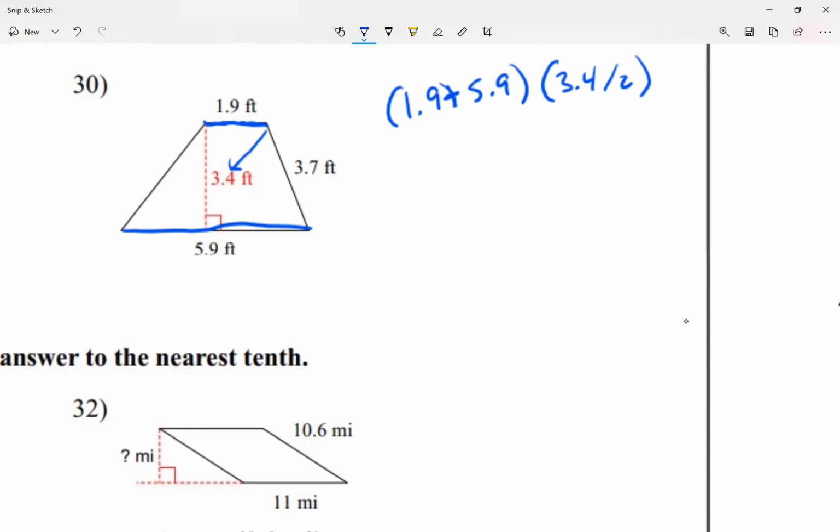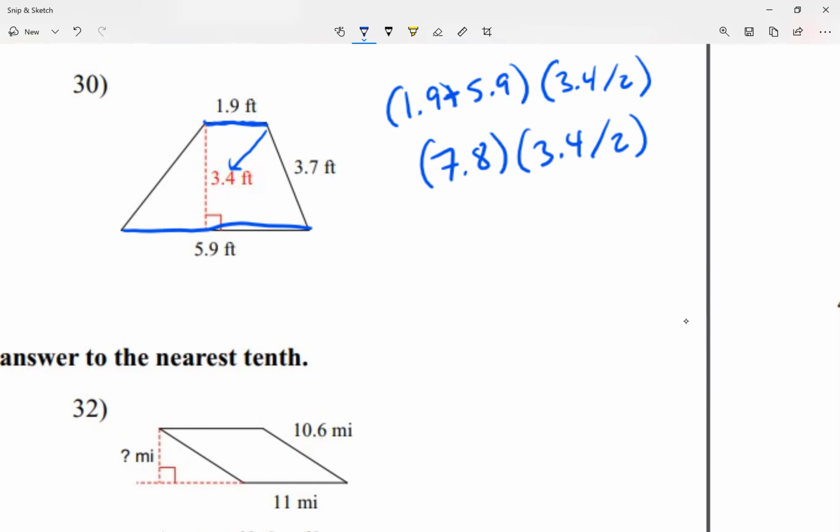Now 1.9 plus 5.9 is 7.8. Let me call this first parenthesis 7.8. This other parenthesis, let me call it 3.4 divided by 2. Some of you guys might call it 1.7. I'm just going to leave it as that. So I'm just going to go 7.8 times 3.4 divided by 2.